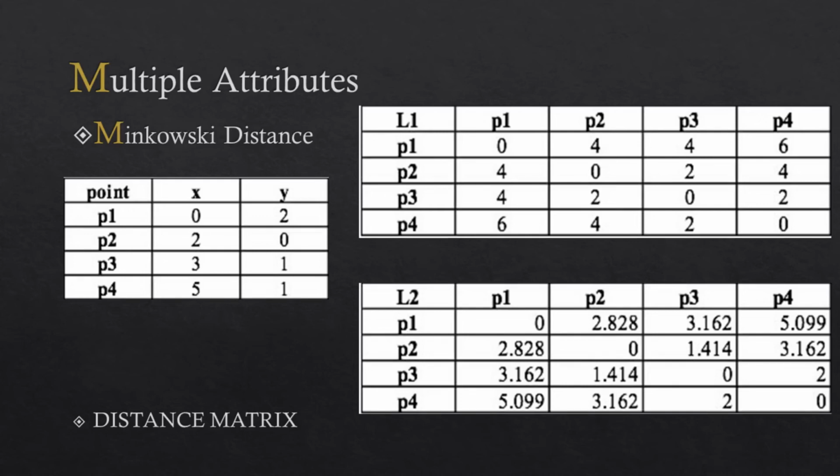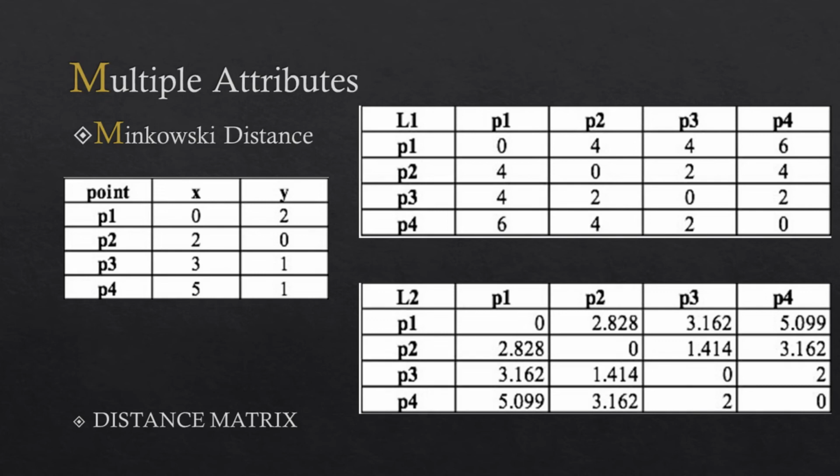This is the distance matrix where L1 is Manhattan and L2 is Euclidean. So we need to solve how we get 4 as the distance of P1 to P2 in Manhattan. We need to subtract the x of P1 and x of P2 depending on the formula, which is equal to negative 2.